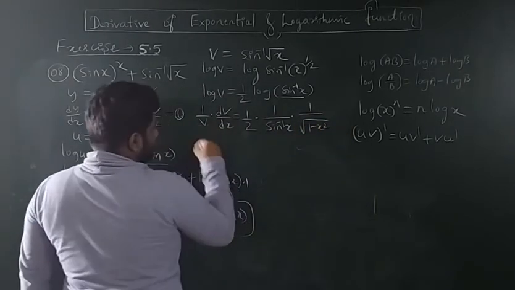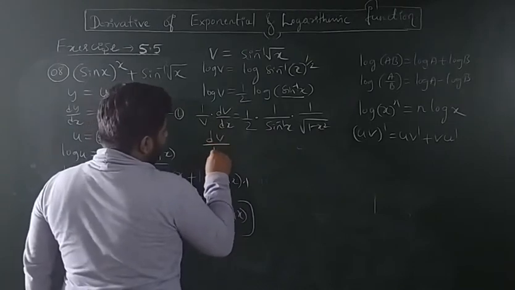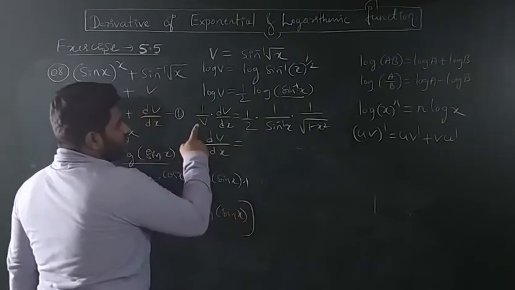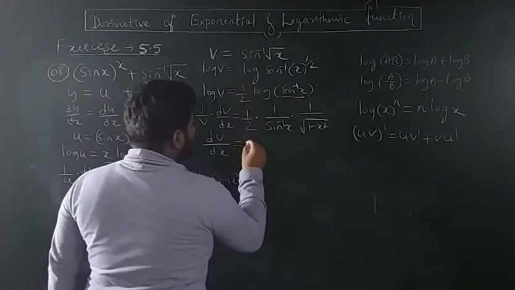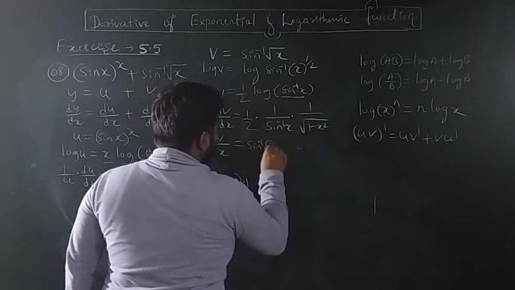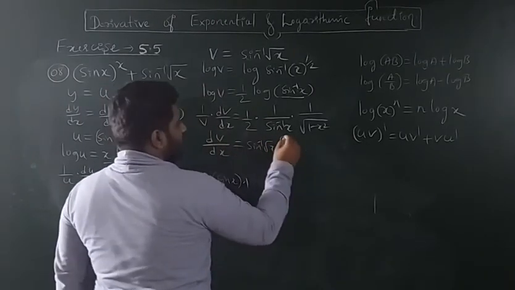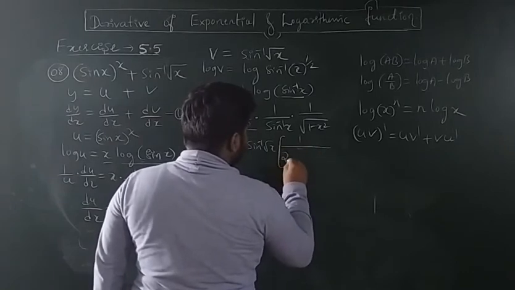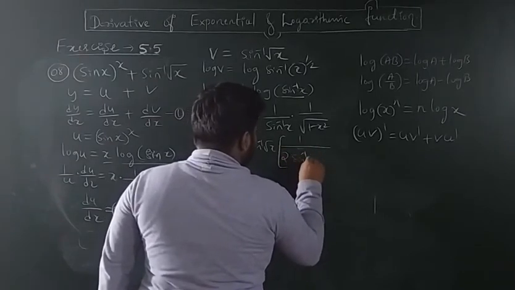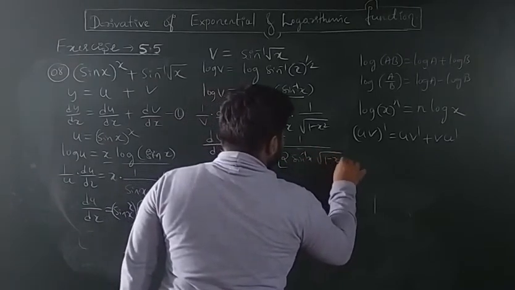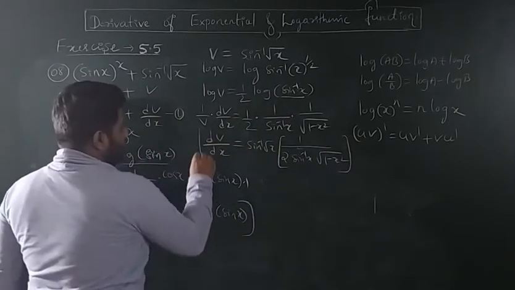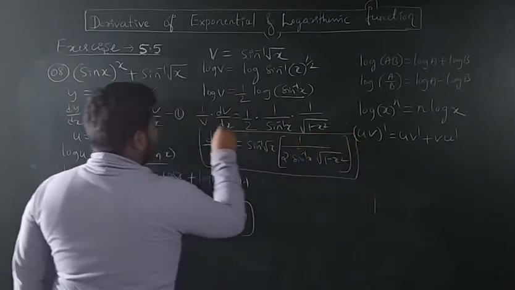Now take this v to the other side. dv by dx equals sin inverse root x into the remaining terms, 1 divided by 2 sin inverse x into square root of 1 minus x square. So this is dv by dx we got.